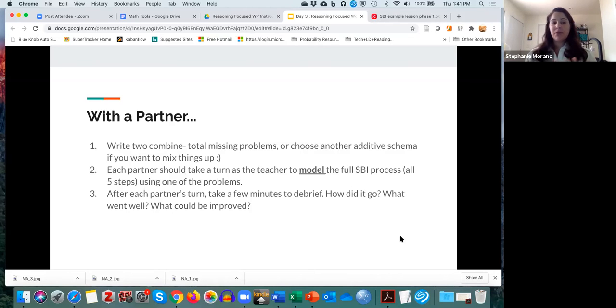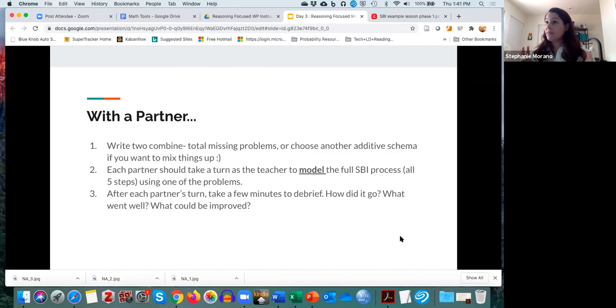So I'm going to put you into smaller groups, 2 or 3 people in a group, and ask you to work together to write some combined total missing problems. Or if you're sick of talking about combined total missing problems, those are the simplest ones. Maybe you want to shake it up, do something a little more challenging. You can choose any of the other additive schemas.